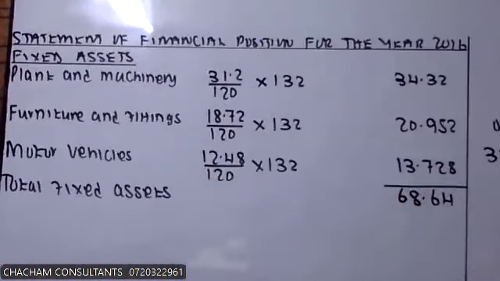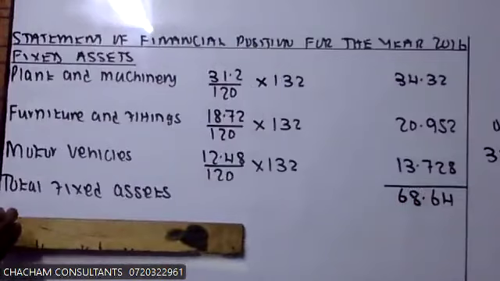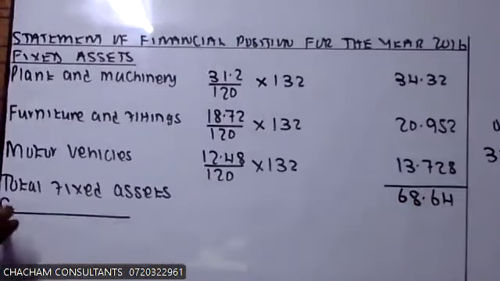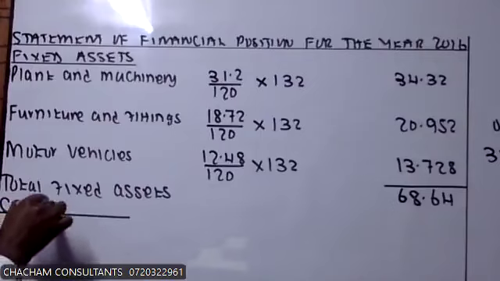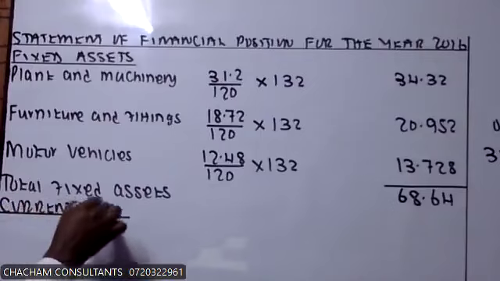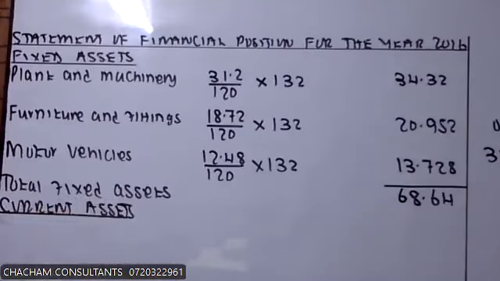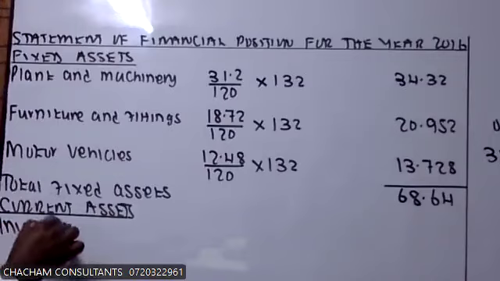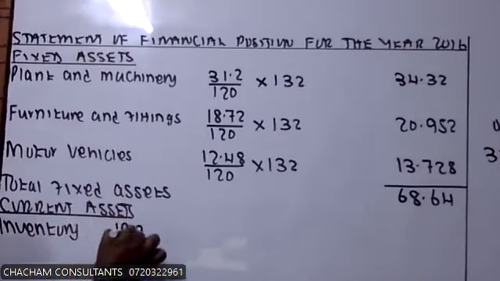Higher. We now come to current assets. Current assets, we do the same rhythm. Inventory. So inventory, it is 19.2.